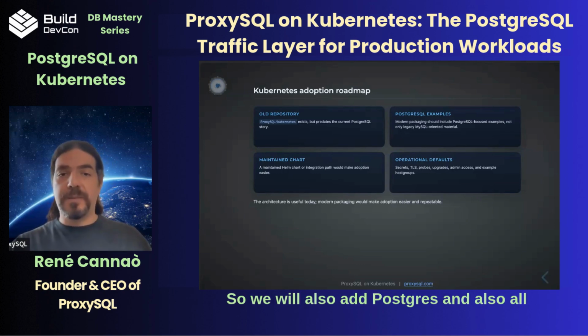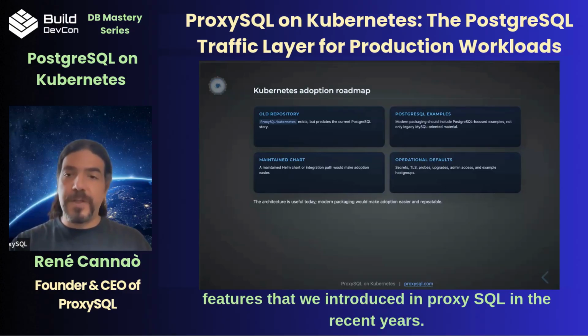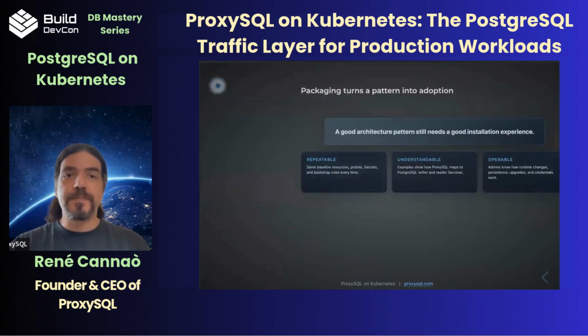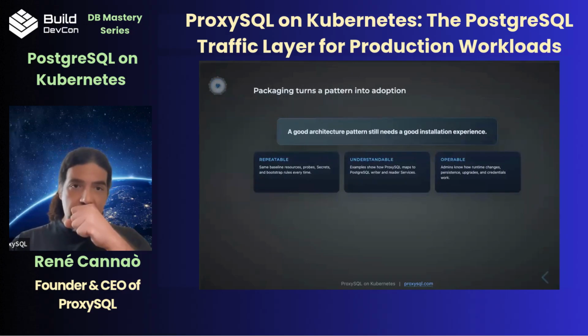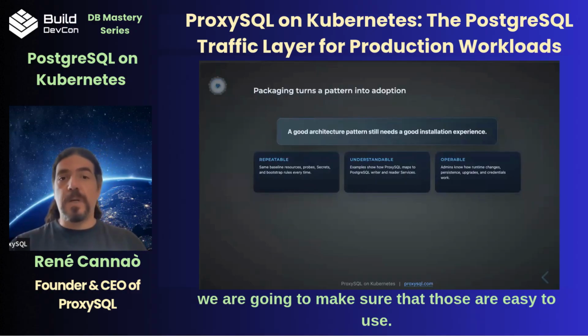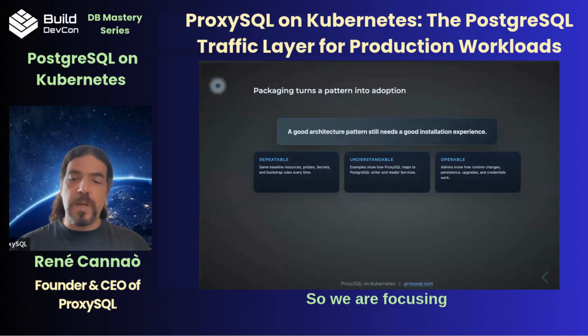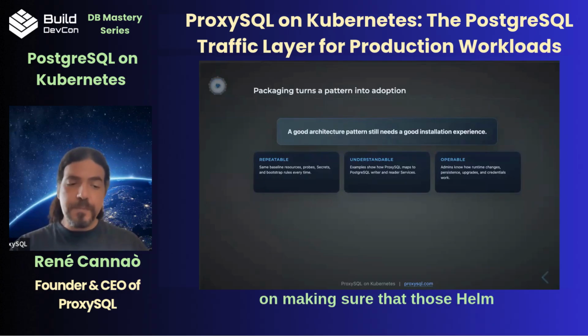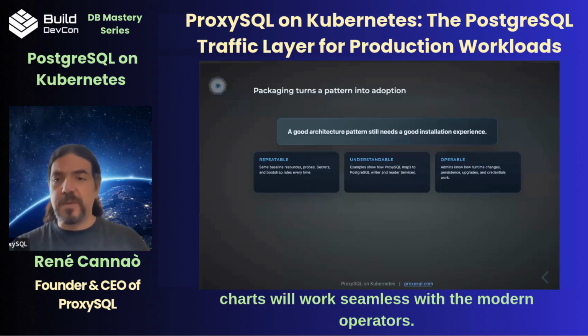We will also add Postgres and all the new features that we introduced in ProxySQL in recent years. Of course, we are going to make sure that those are easy to use, so we are focusing on making sure that those Helm charts will work seamlessly with the modern operator.